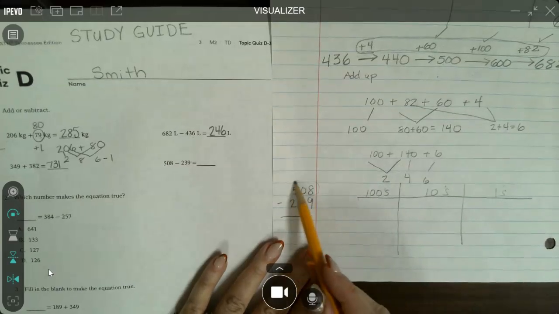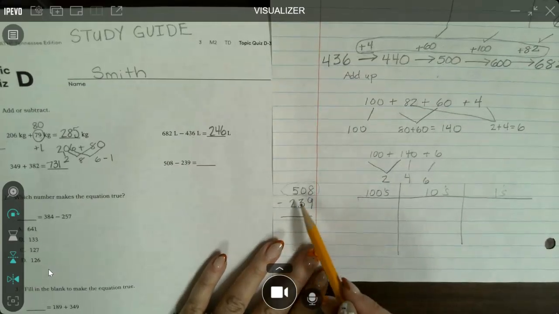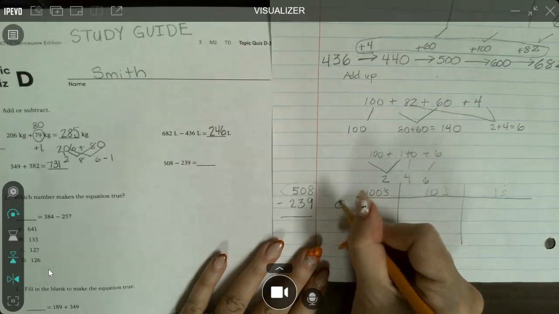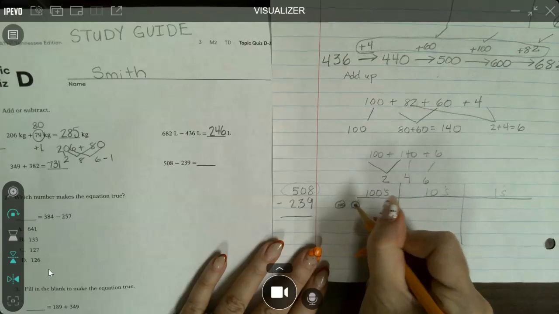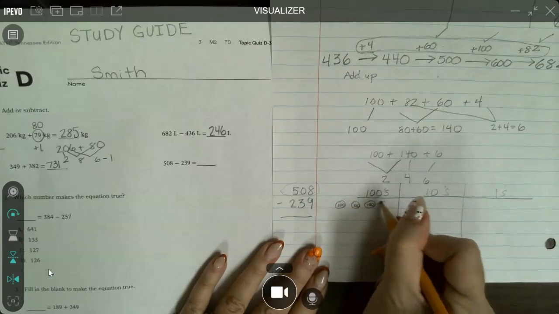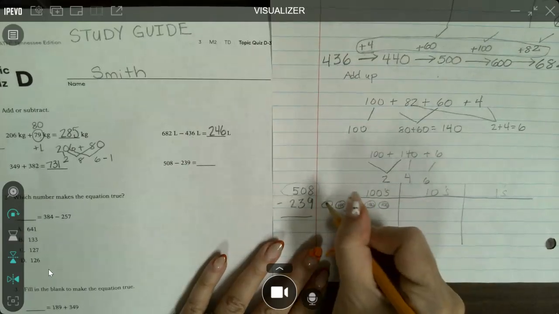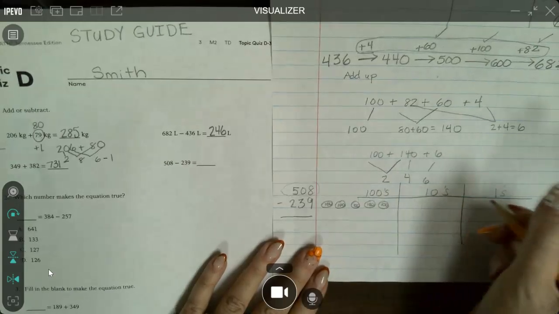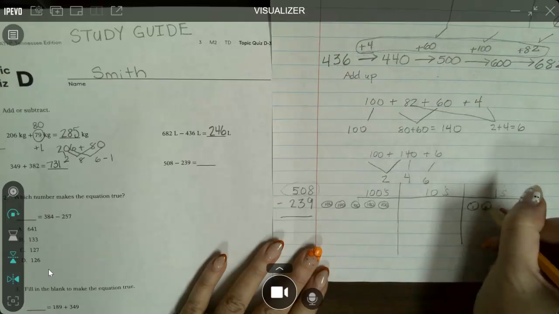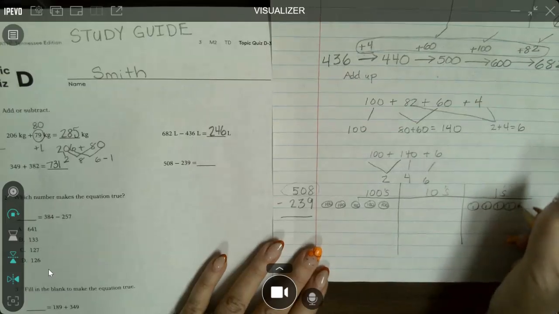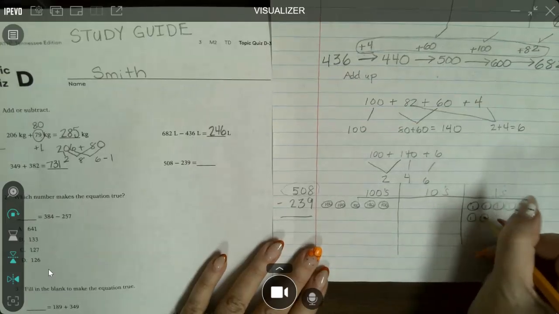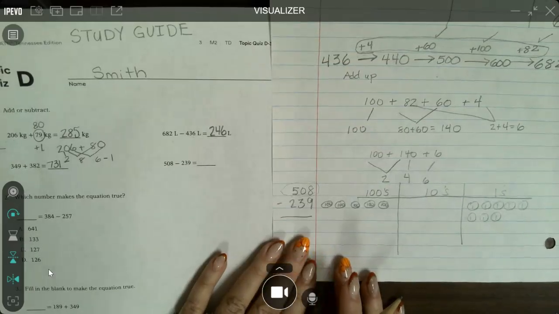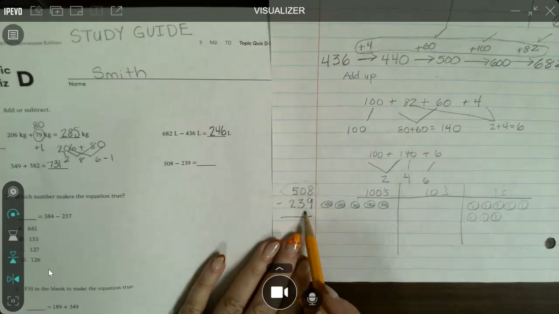Again, I only need this total amount, then I X out or take away this other amount. 100, 200, 300, 400, 500. I have nothing in the tens place. 1, 2, 3, 4, 5, 6, 7, 8. I need to take away 239.